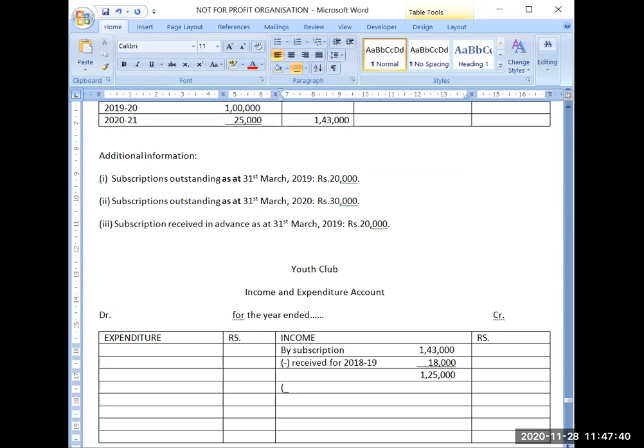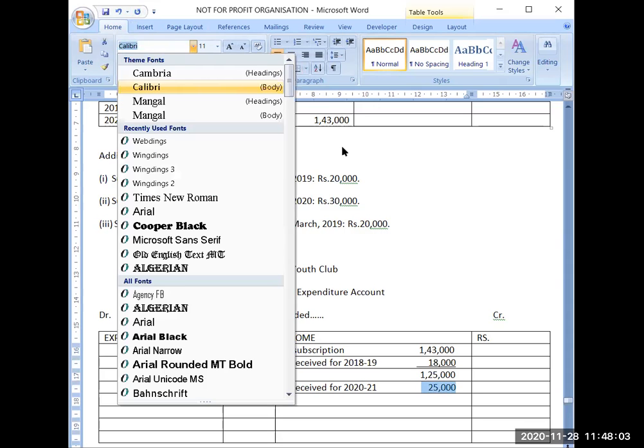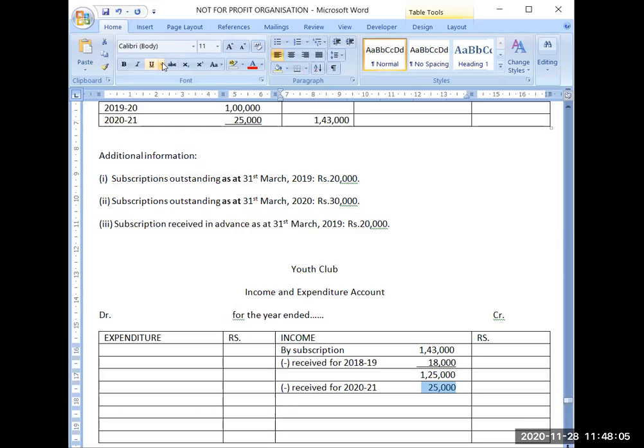So minus received for 2020-21, 25,000. So you will see that we have reached the 1 lakh amount only.